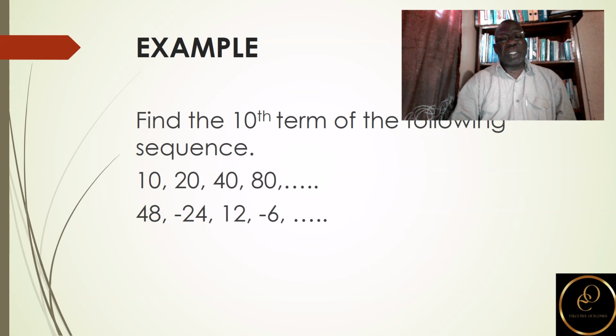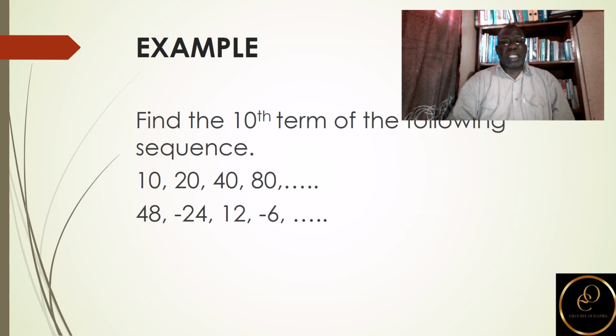The next one, 80 and 40: if you subtract 40 from 80 you get 40. So you can see that you are obtaining different numbers. Therefore, it cannot be an arithmetic series. So you rule out this sequence as an arithmetic series, as an arithmetic progression.